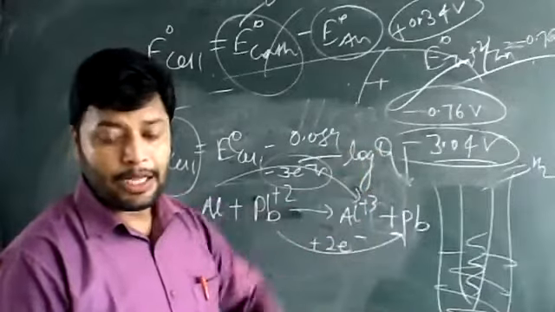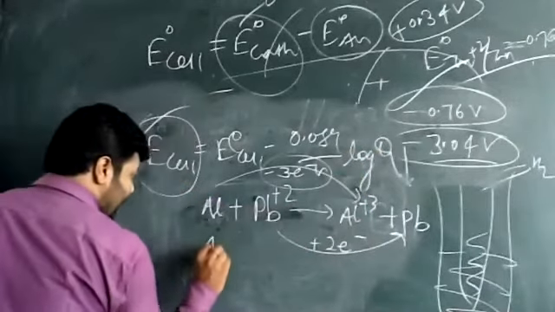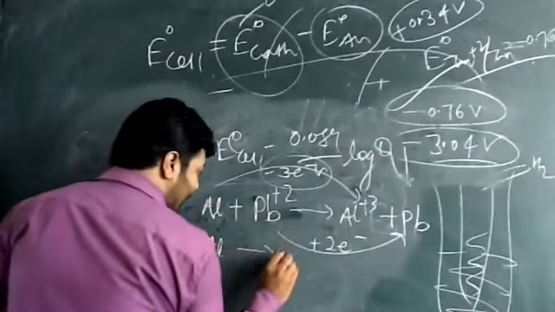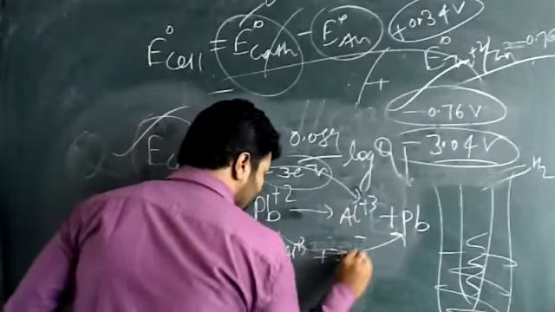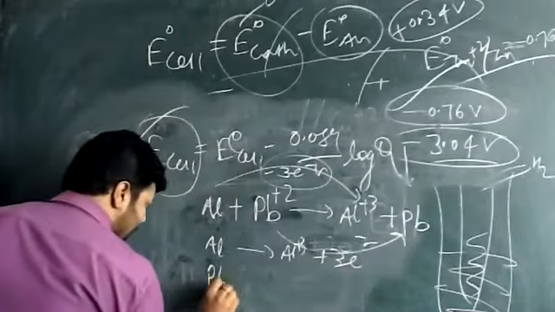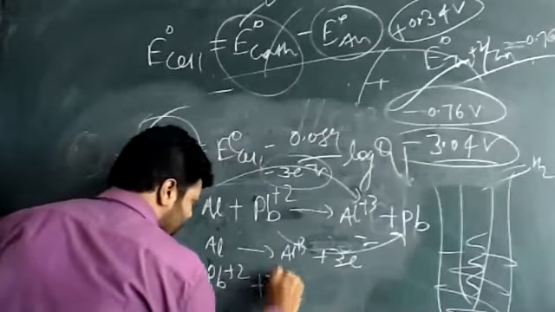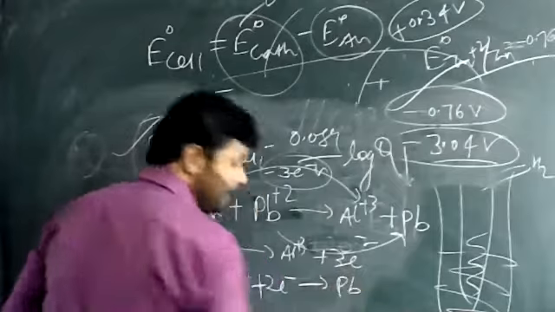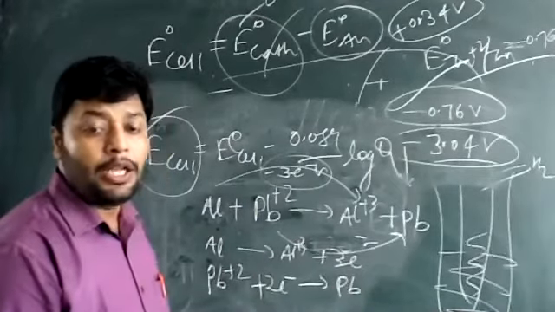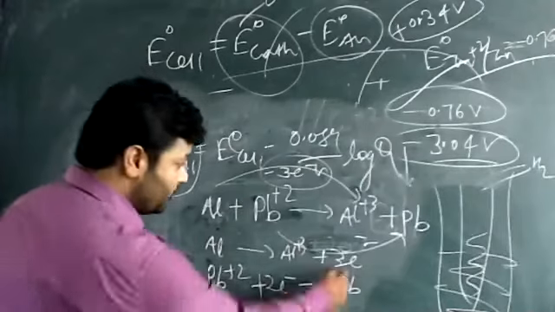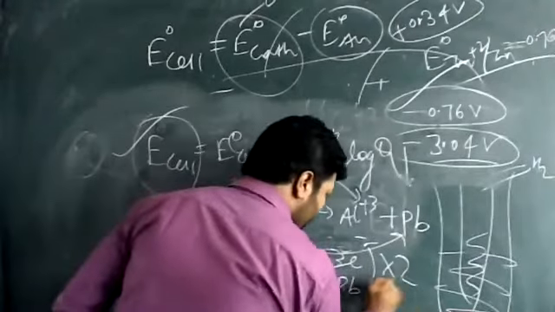How to balance? For balancing, there will be aluminium plus 3 electrons, and lead plus 2 plus 2 electrons gives out lead. Just balance the number of electrons: 3 into 2, 2 into 3.